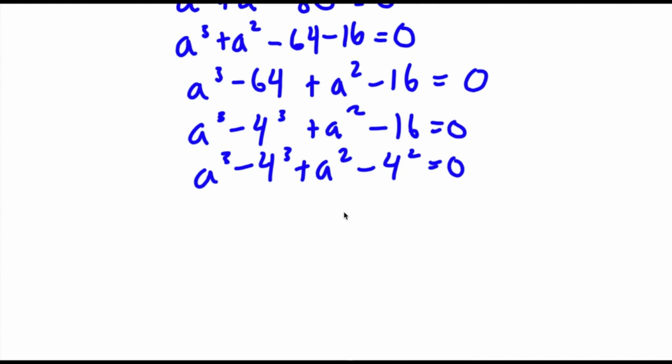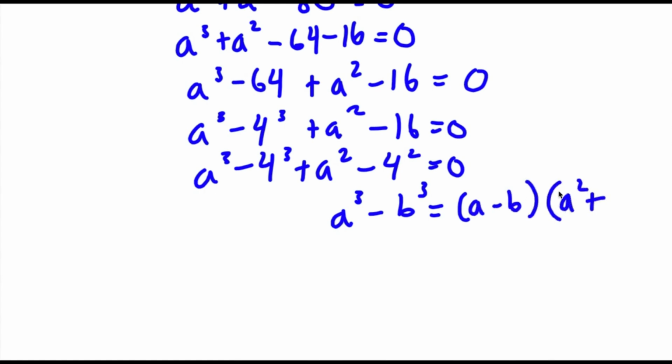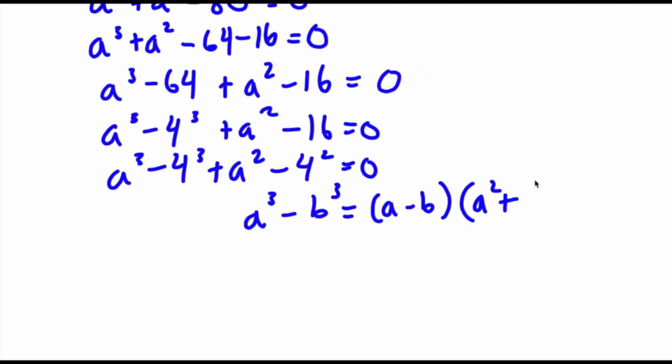Now, if I have something in the form a to the power of 3 minus b to the power of 3, this is equal to a minus b times a squared plus 2ab plus b squared.